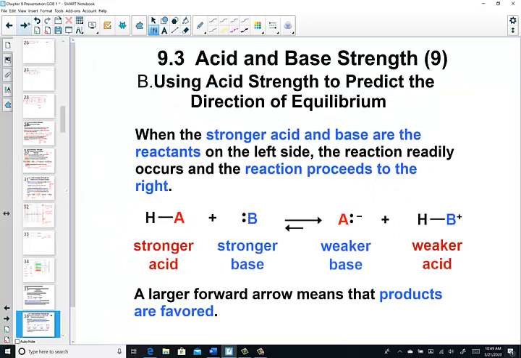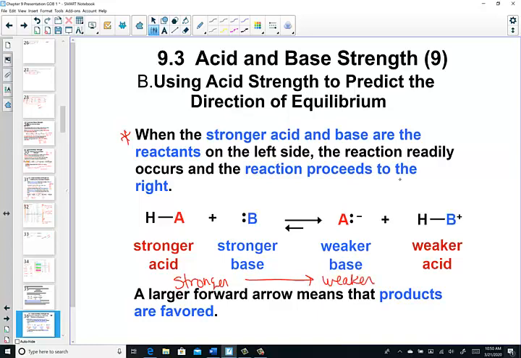Now, when we use acid strength to predict the direction of equilibrium, there's a general rule we should know. When stronger acids and stronger bases are the reactants, on the left side, the reaction readily occurs and proceeds to the right. I want you to realize stronger always points towards the weaker side, always.